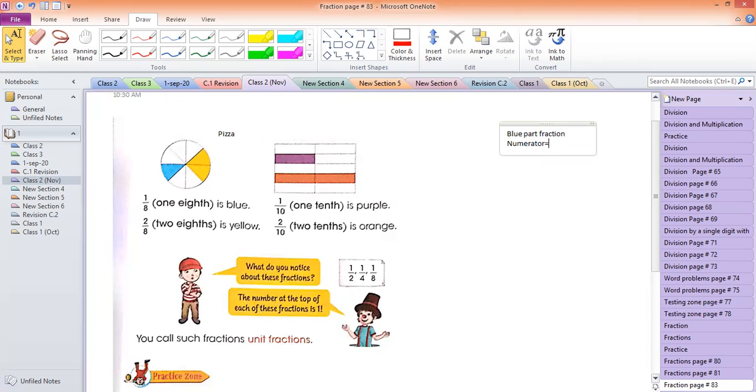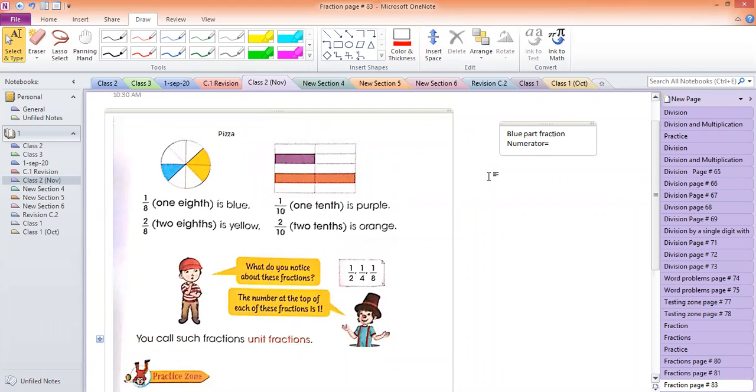Numerator shows the total number of parts that are shaded or that are taken out. If I am working for blue, I need to write a fraction for this blue part. So what should be the numerator?